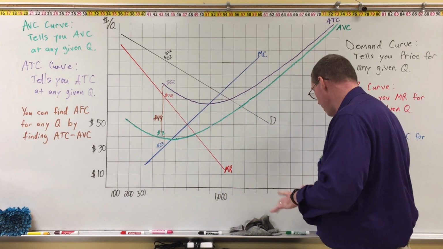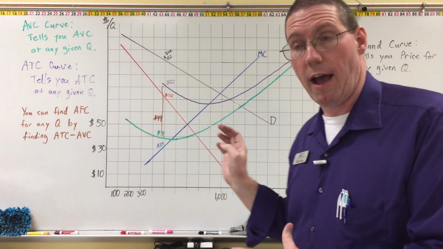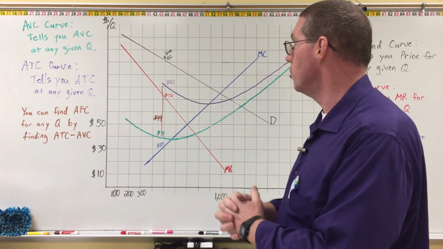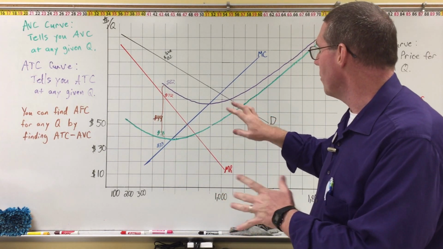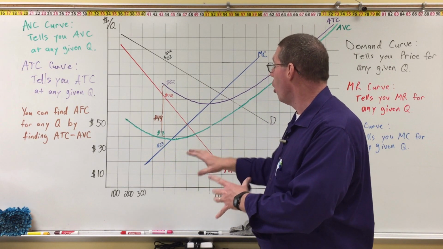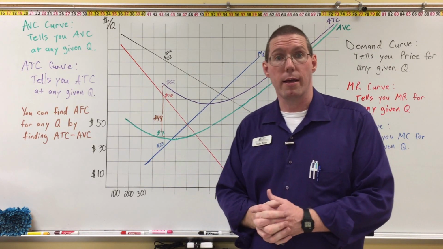Okay, and this is how you look at a market graph or a set of market graphs, or industry market structure graphs is usually what I call it. And you're able to, for any one quantity, identify these 6 important values for a company.